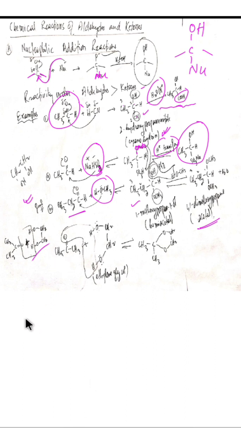Okay, this is our acetone. Acetone is reacted with ethylene glycol. This is ethylene glycol, ethane-1,2-diol. So let me write acetone like this, and ethylene glycol is this.